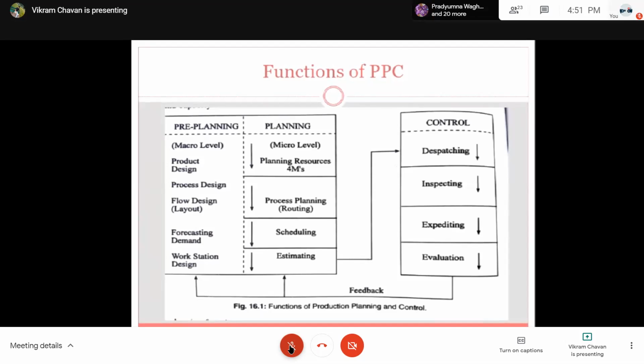Then second, we can say machines and equipment. In the planning phase related to machinery and equipment, analysis of available production facilities and equipment and their downtime will be calculated. So analysis will be done according to the facilities available in that particular firm or enterprise, and what the downtime is for that particular facility or machine.